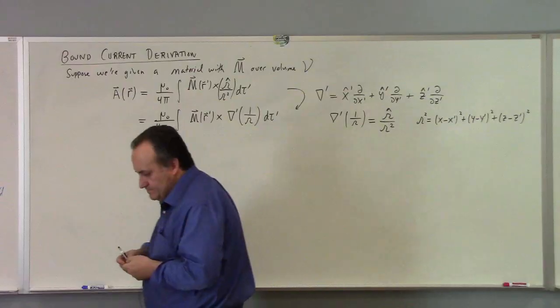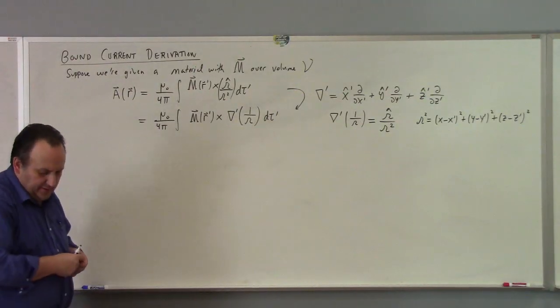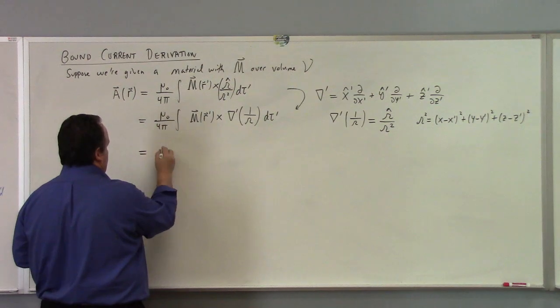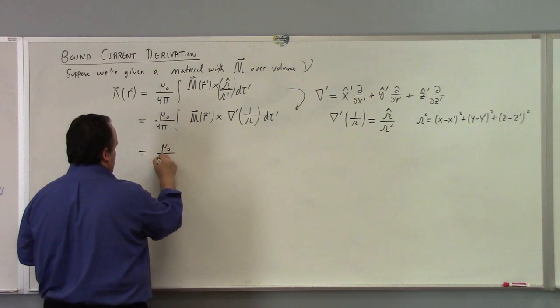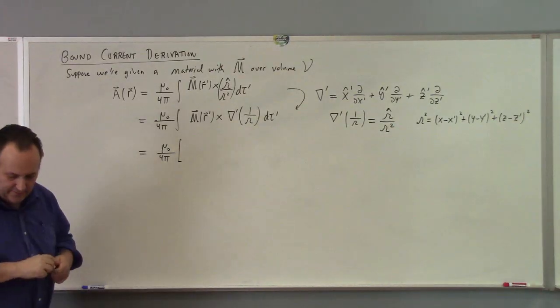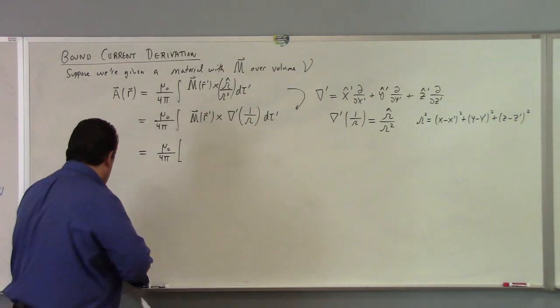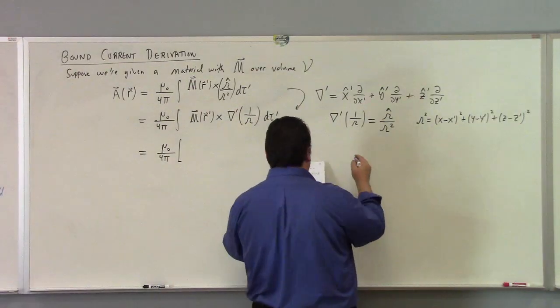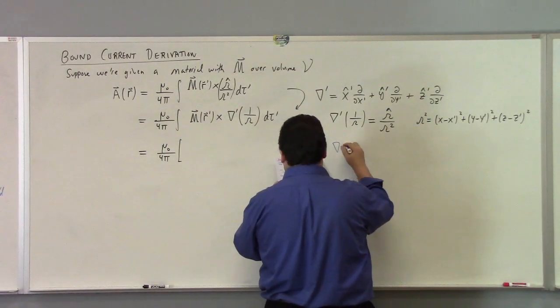So look here then. I can trade this for mu naught over 4 pi, big parentheses. Let me do the product rule over here. I like to actually show the product rule, so you'll forgive me for doing that.